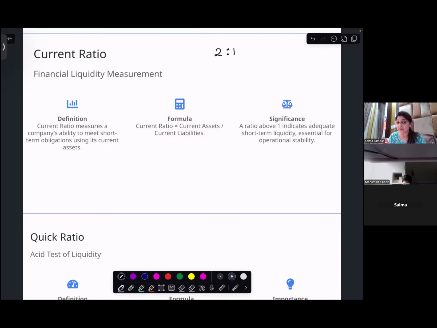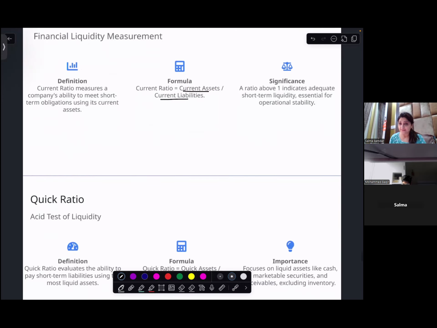Now, when I am talking about current ratio, you should be able to trace what is current assets and what is current liabilities. Do you know what is current assets? Closing inventory, trade receivables, cash in hand, cash at bank, and other receivables. Very good.